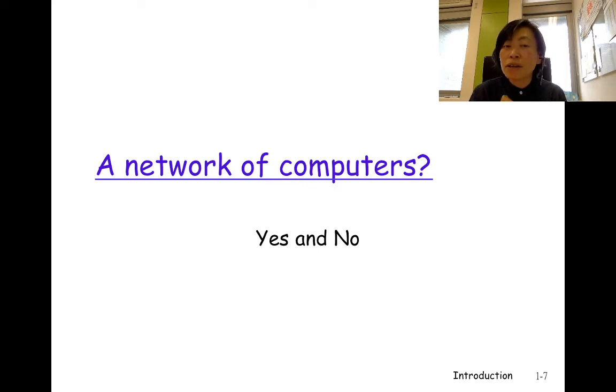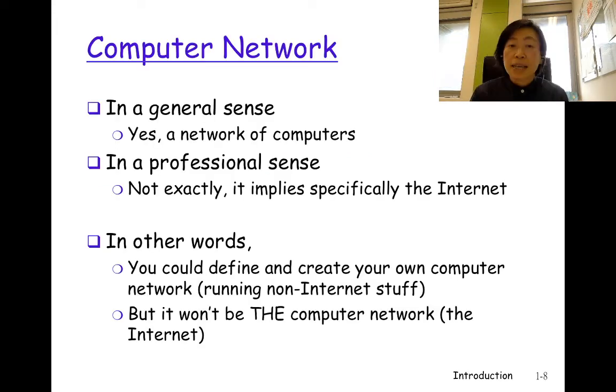So the answer here, I have to say, whether a computer network is a network of computers, is yes and no. Literally speaking, yes, a computer network is a network of computers. But professionally speaking, within the context of the semester, within the context of this book, what we mean by computer network is really the internet. All right? So just to be clear.